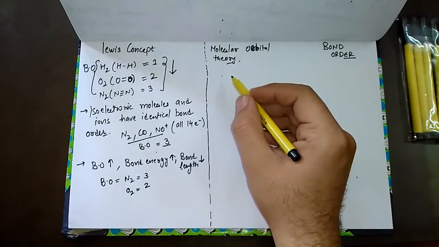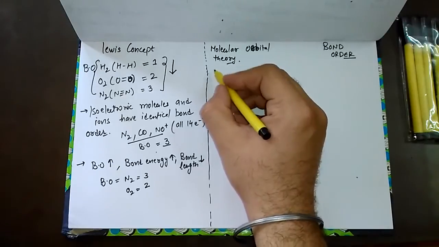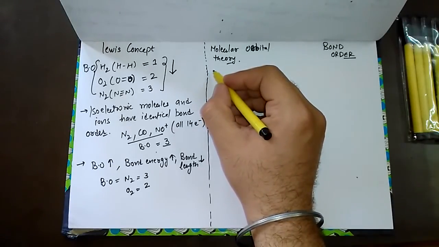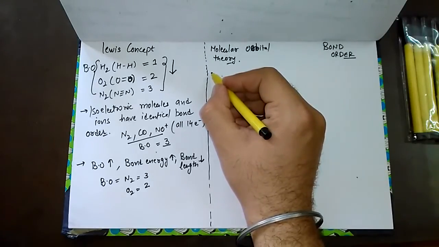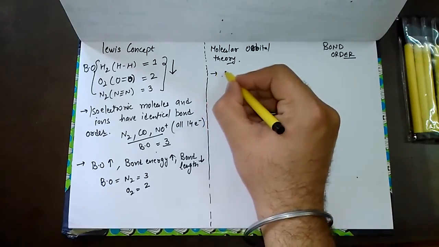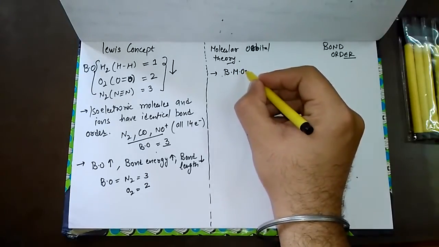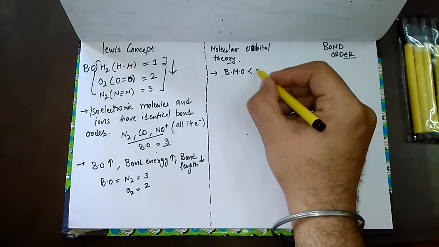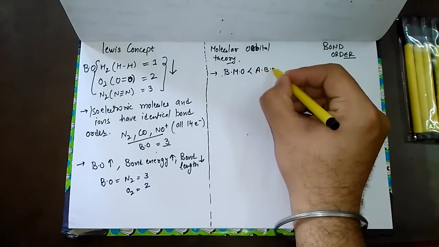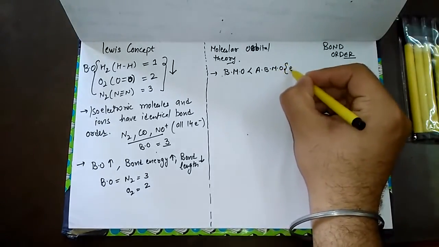We also know that bonding molecular orbitals have lower energy than anti-bonding molecular orbitals, and they have greater stability.